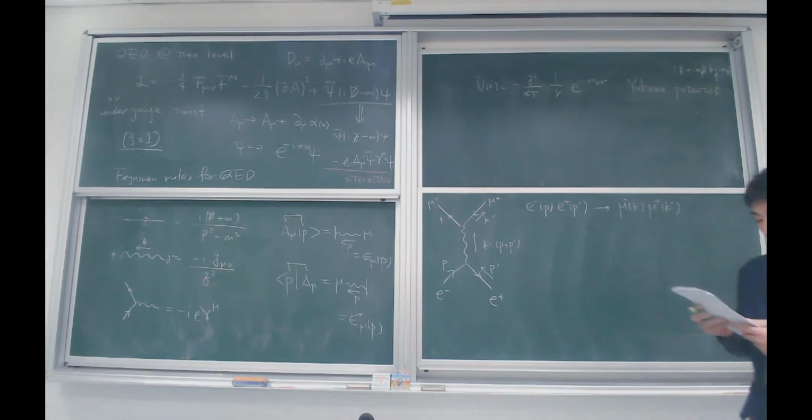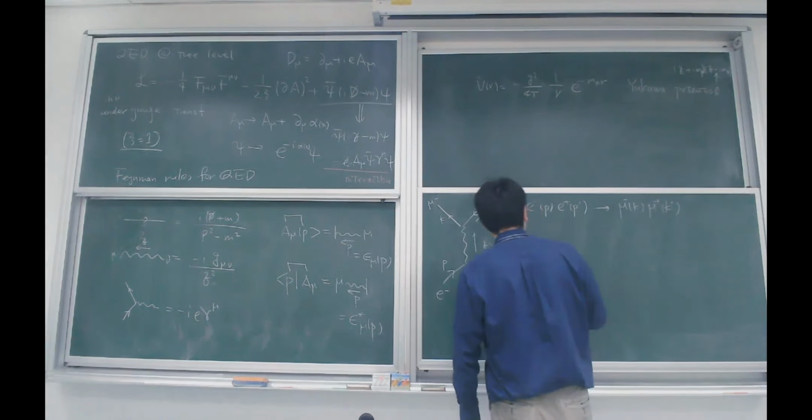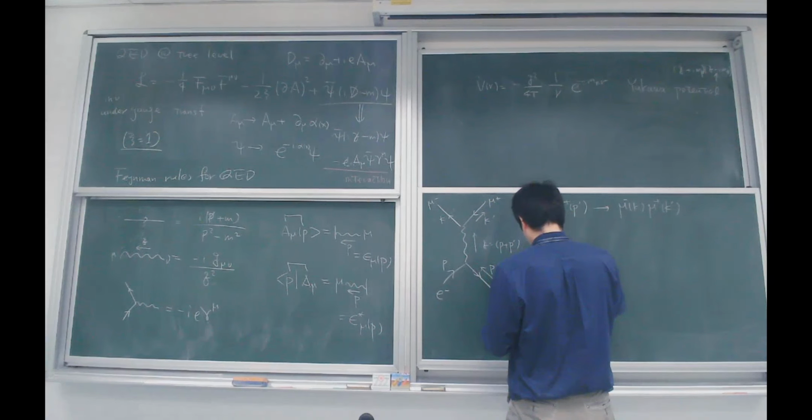So then, let's see, we have k and k prime. Okay, I think my way of writing is a bit strange.